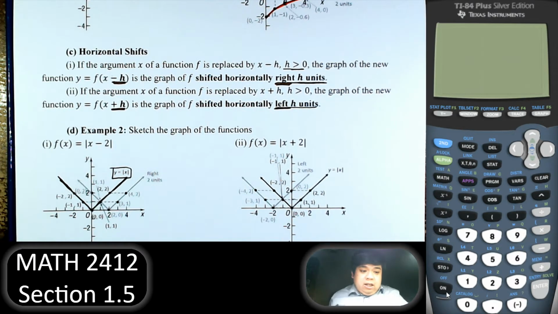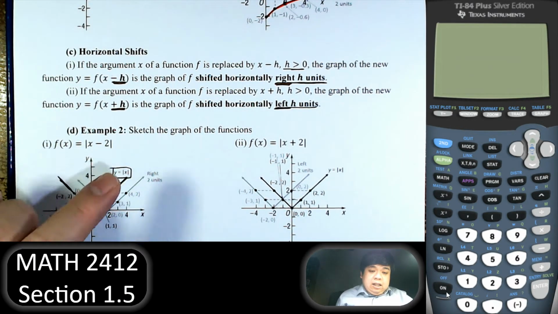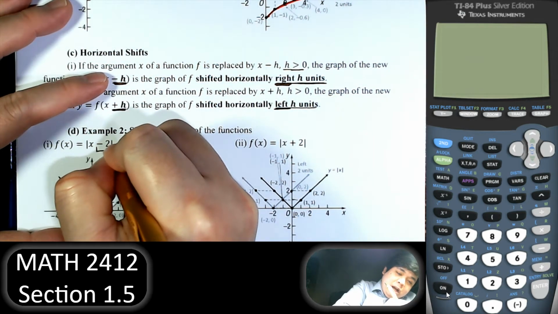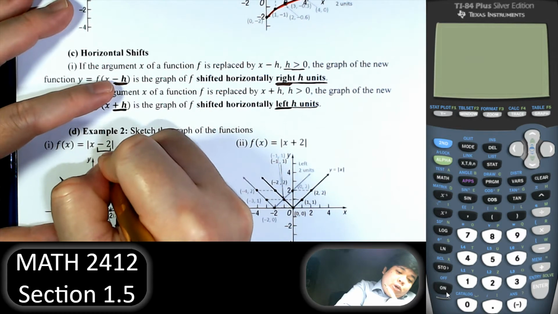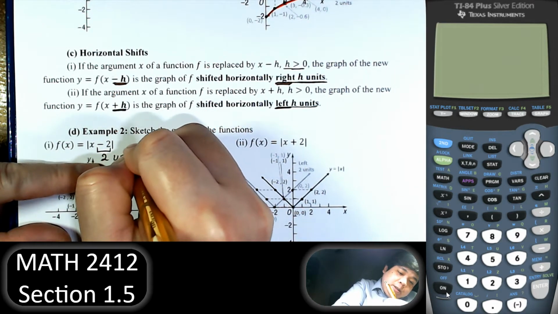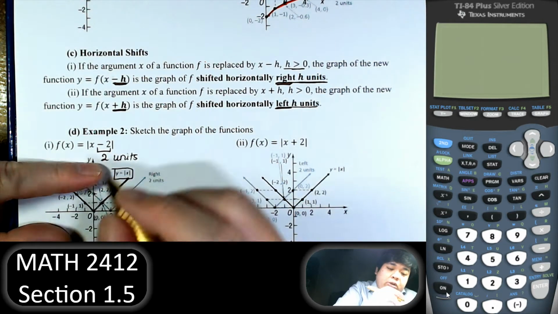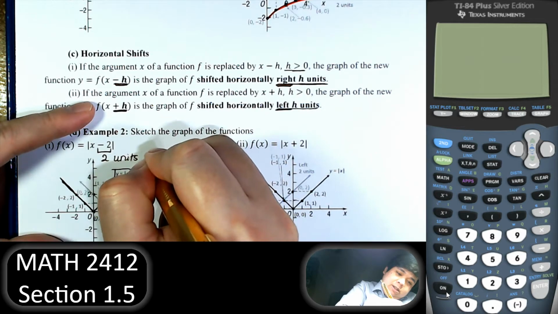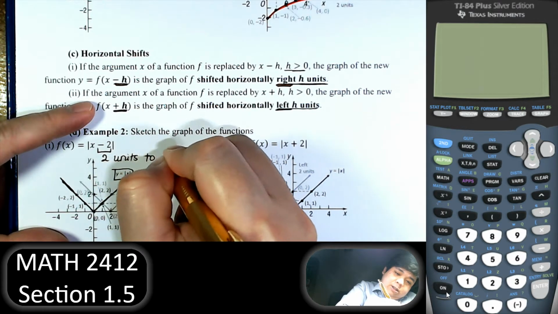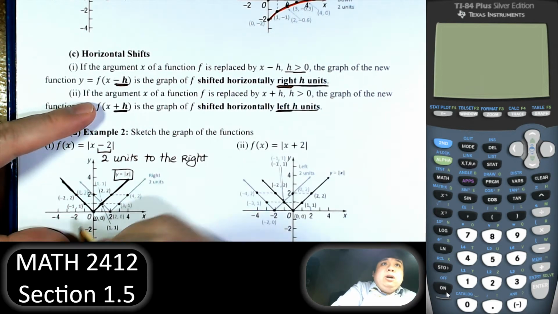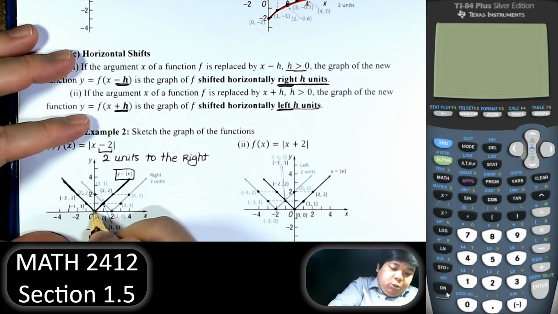And after that, instead of absolute value of x, what we have is the minus 2, and the minus 2 here means that we shift 2 units to the right. So we have this point move 2 units to the right, this point 2 units to the right.